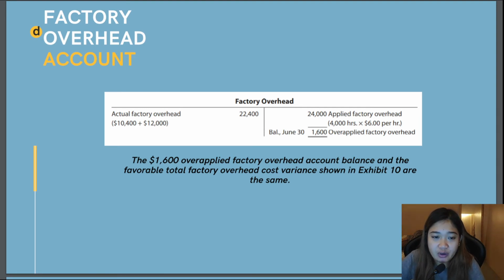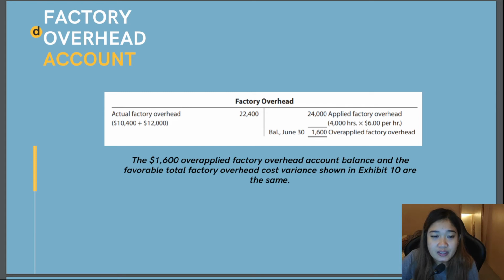The factory overhead account for Western Rider for the month ending June 30, 2016 is as follows. Actual factory overhead is 22,400 and the over applied factory overhead is computed as 4,000 hours times 6 per hour equals 1,600 over applied factory overhead.